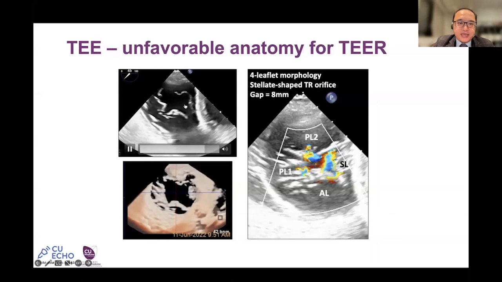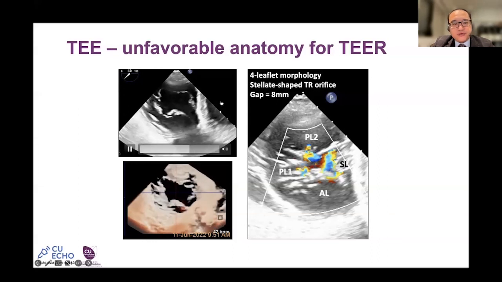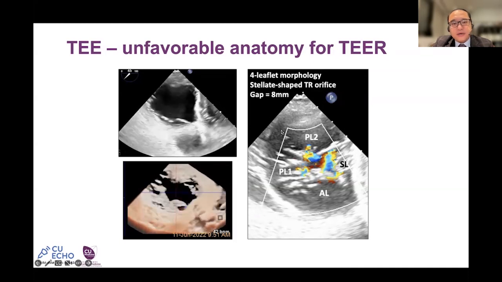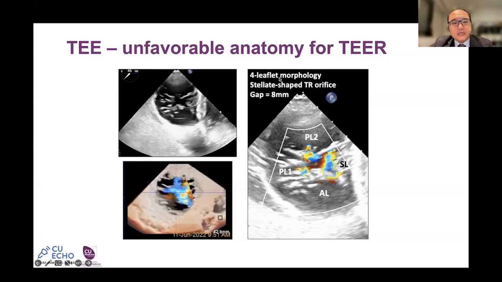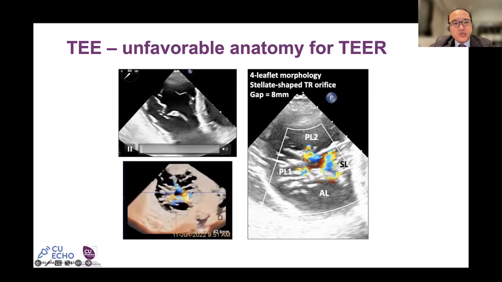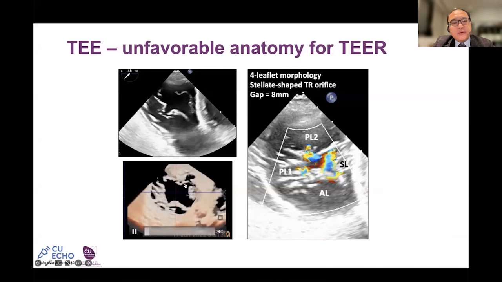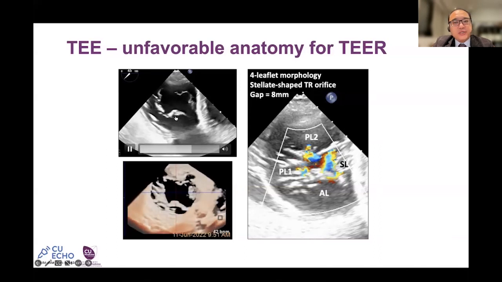But when we studied the anatomy of this tricuspid valve on TEE, we found that there are several features that may render this patient not favorable for TEER therapy. This patient has a four-leaflet tricuspid morphology and also a very wide coaptation gap between the leaflets.